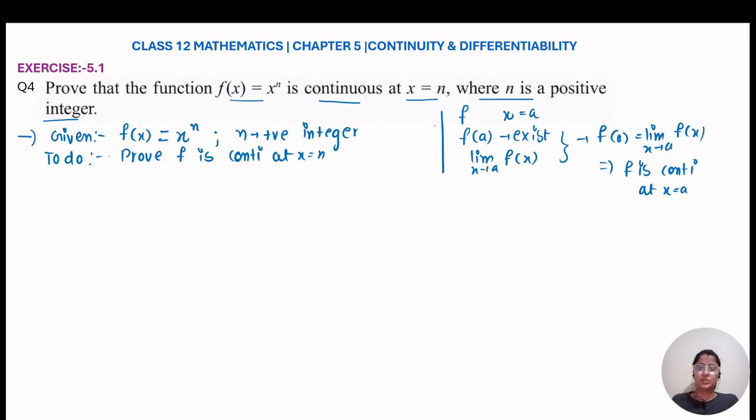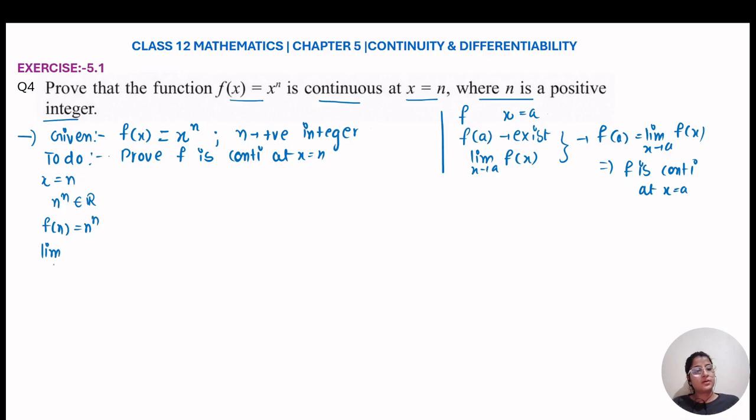So let's do the same thing here. For x equals n, as n is a positive integer, n raised to n is a well-defined real number. So you can see f of n is nothing but n raised to n. It exists. Now let's check its limiting value.